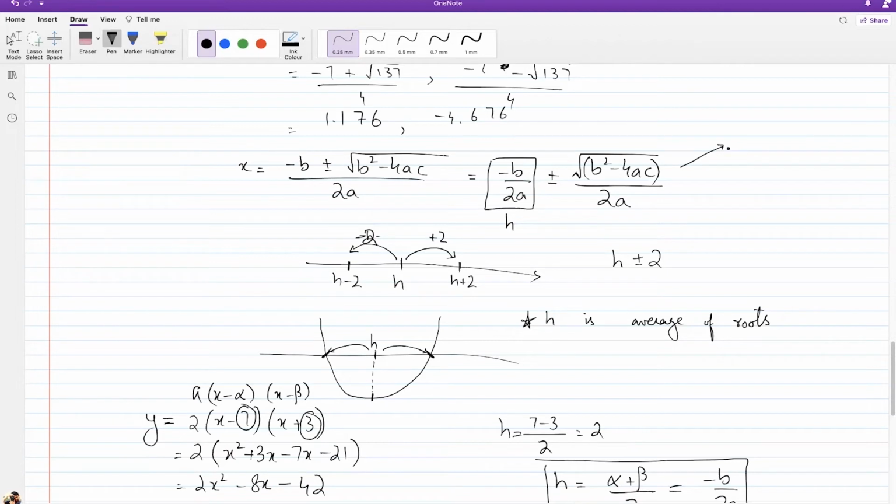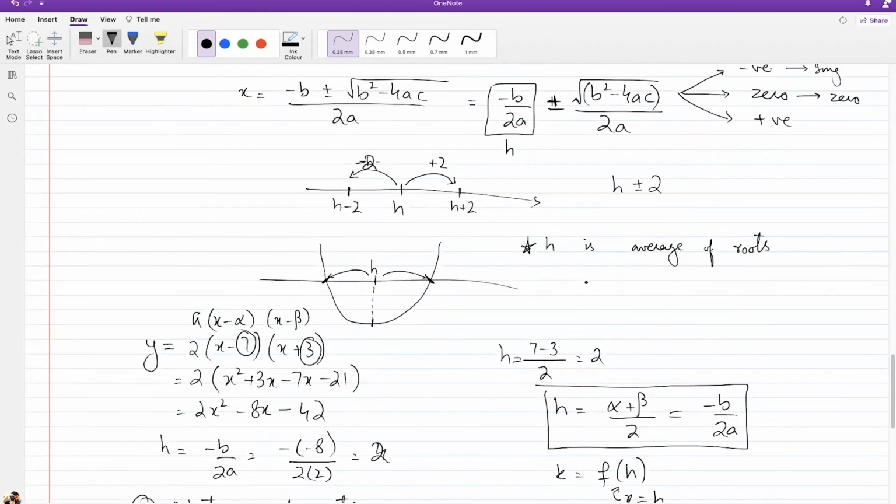If b squared minus 4ac is negative, then the square root will give us a math error if we put it in a calculator. So if it is negative, that means it is imaginary. It is a math error. If it is equal to 0, then it will give us 0. And if it is a positive number, then we'll get two answers, one plus that and one minus that.